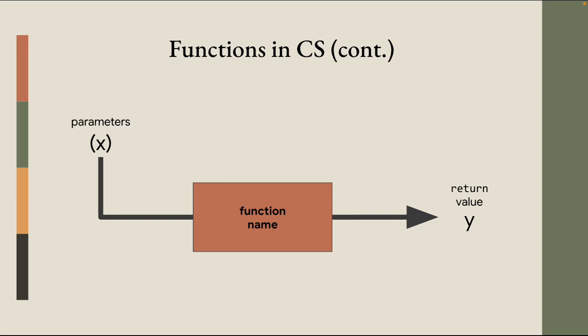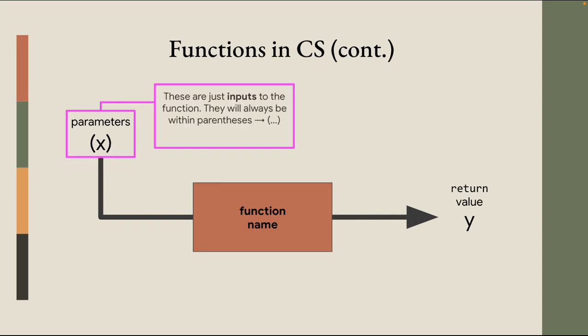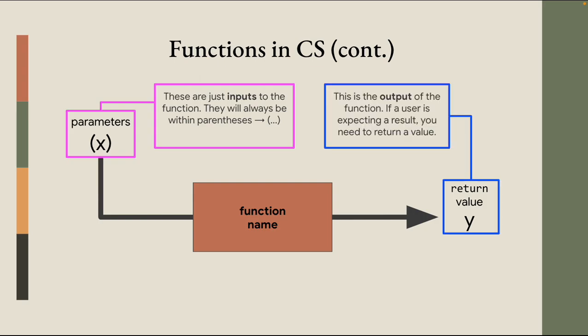So again, we still have the same concept of this input-output system, but in programming, we don't call it input-output so much when we're using functions. We call it parameters for input and return value for output. So parameters is just your input to the function. Your return value is the output.